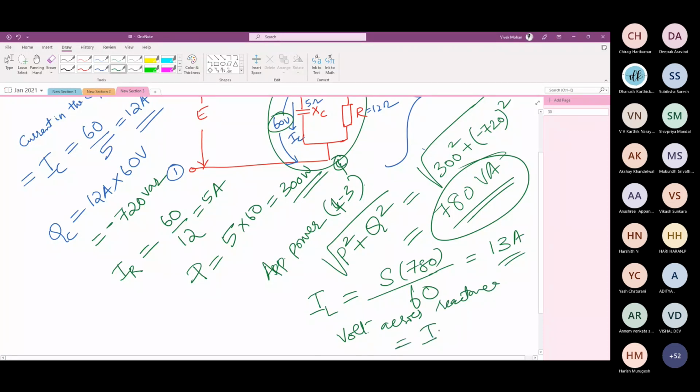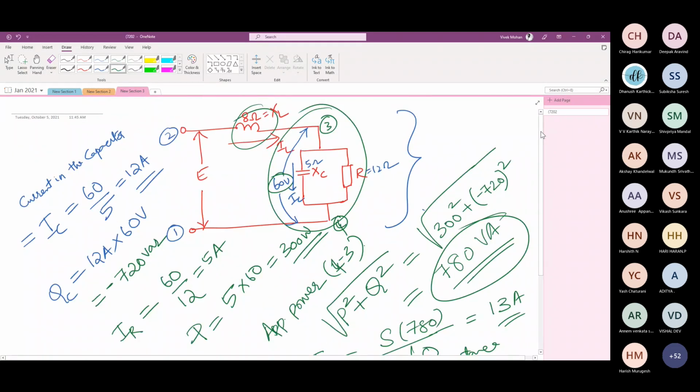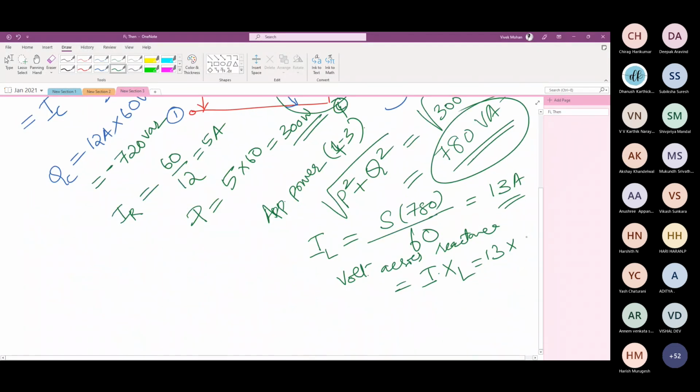I into XL, which is equal to 13 into, what is XL here? 8, right? Which is equal to 104 volts. Now, the reactive power absorbed by the inductive reactance, if I want to find QL, what should be the sign of QL in this case? Plus.